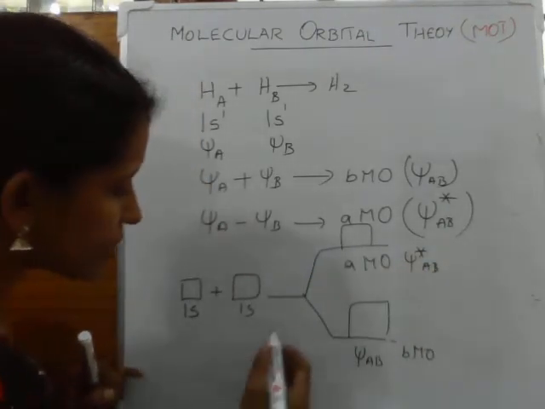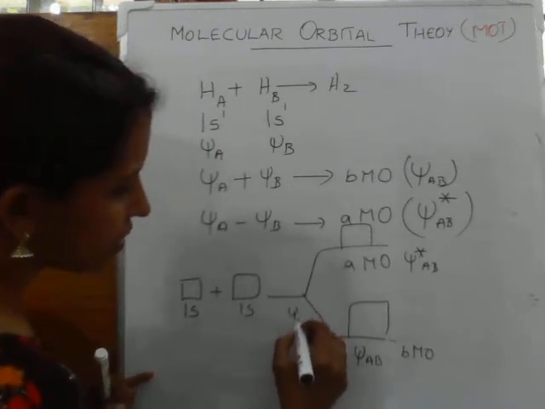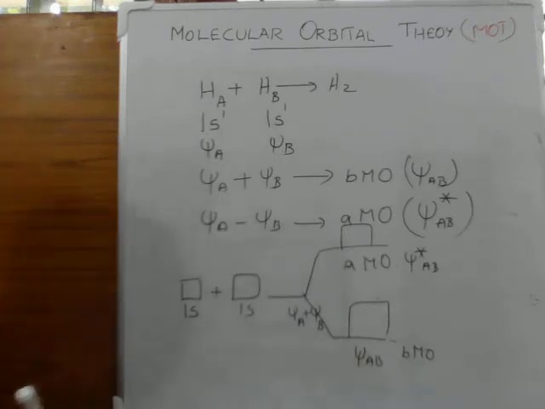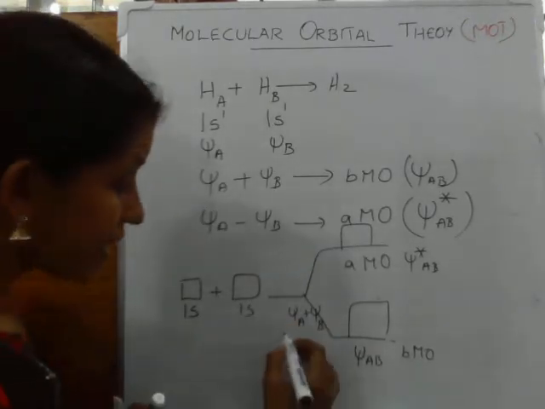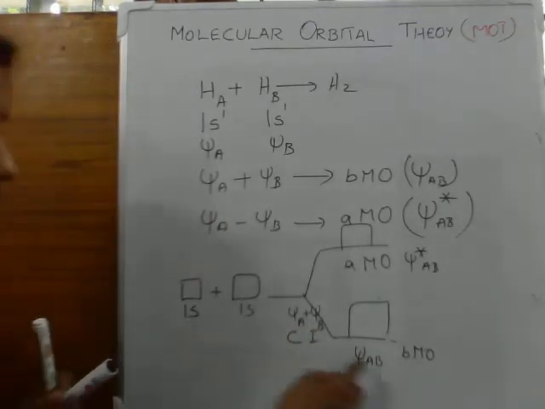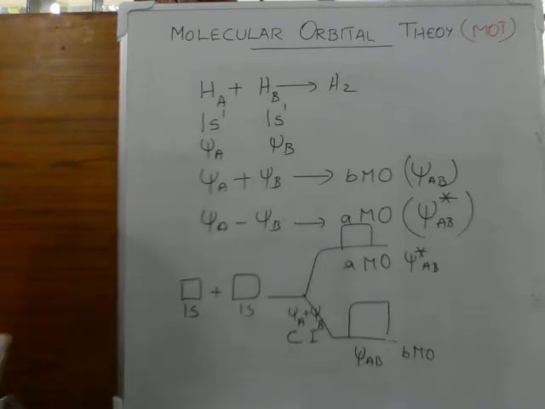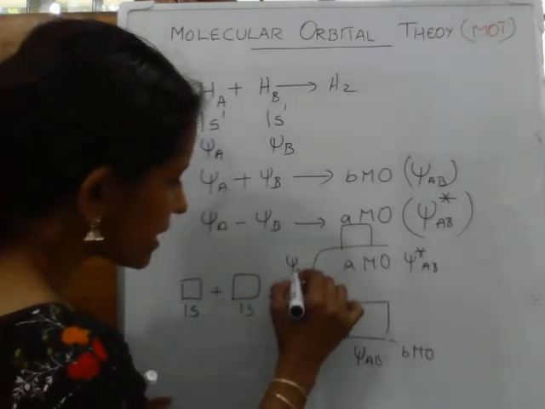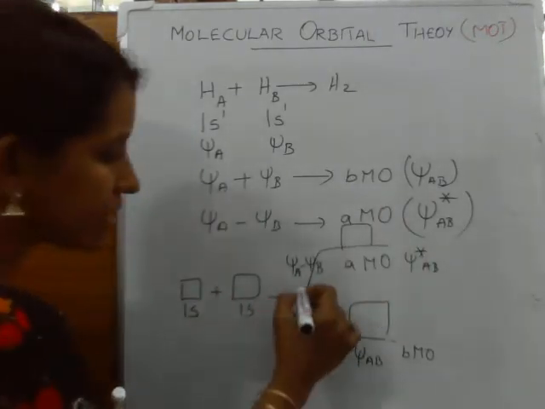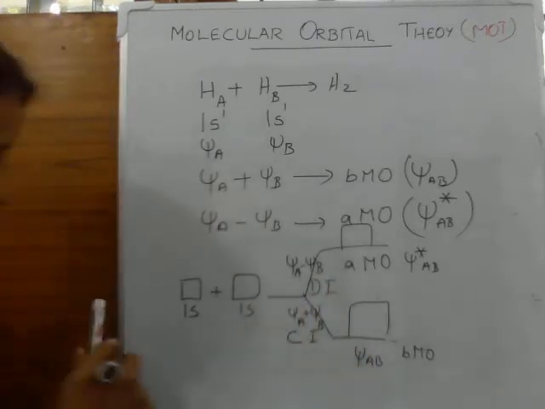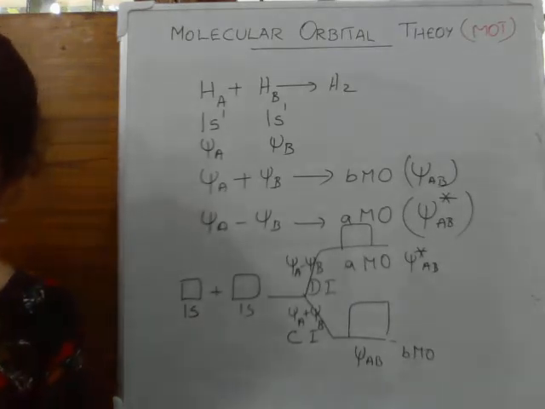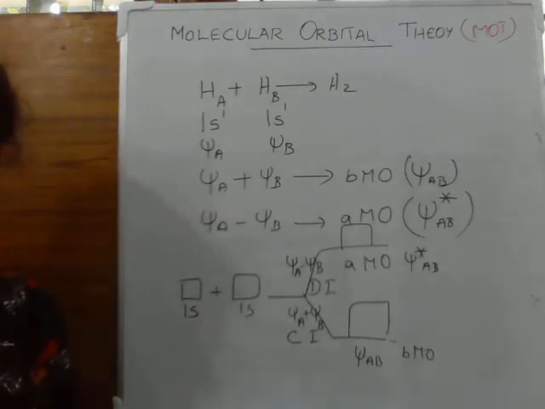Here psi AB is formed by the combination of psi A and psi B. Addition of psi A and psi B results in bonding MO, or we can say the constructive interference of 1s electron waves results in bonding molecular orbital. The subtraction of psi A and psi B results in anti-bonding MO, or we can say the destructive interference of the electron waves results in anti-bonding molecular orbital. Clear?